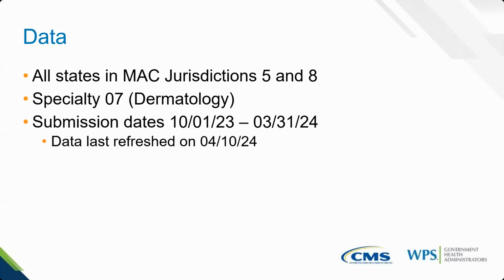For those of you that might be wondering what Specialty 07 is, it is a two-digit code assigned to WPS providers when they enroll. During the enrollment or application process, providers self-designate a specialty.